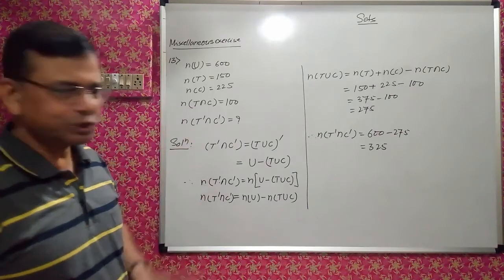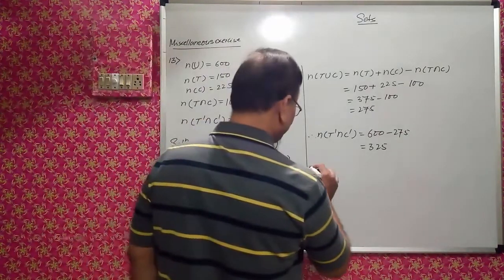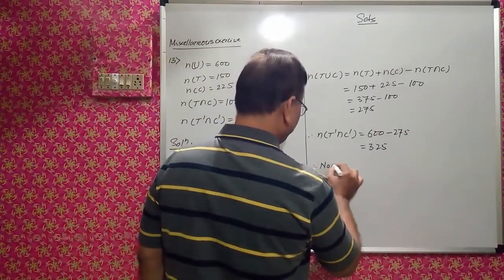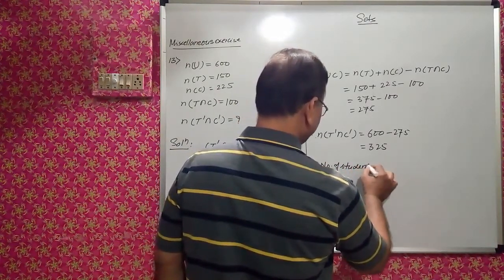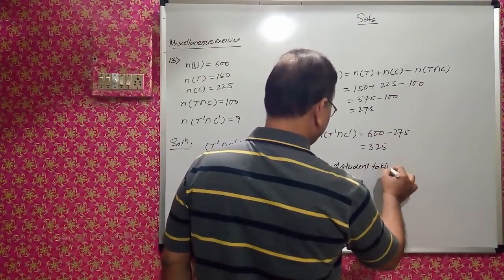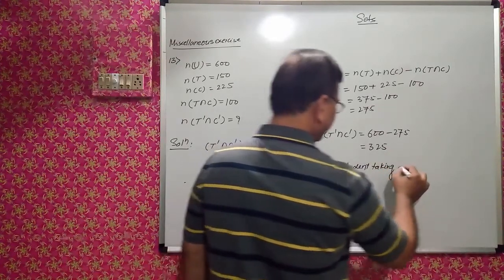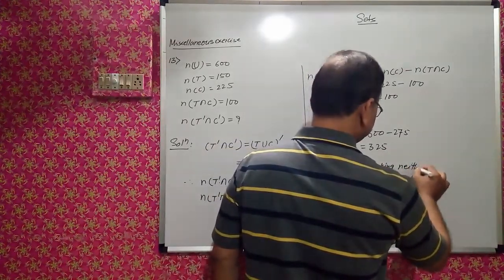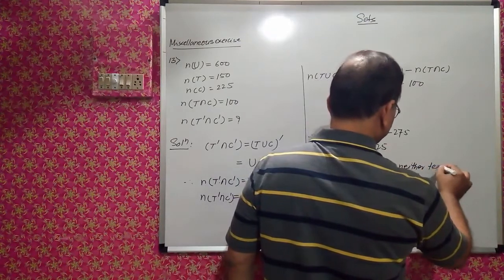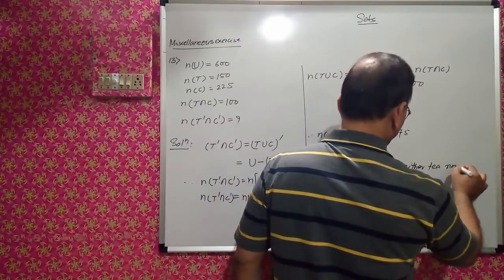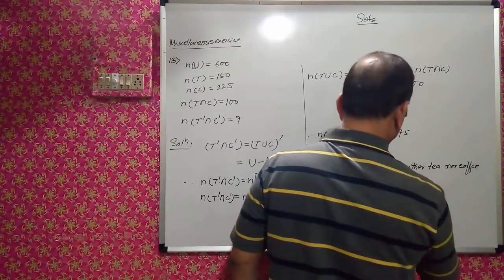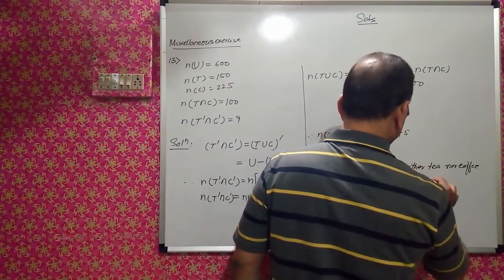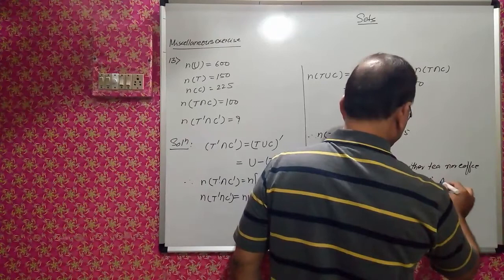In neither of these two are they taking. Therefore, the number of students taking neither tea nor coffee is equal to 325. This is the answer.